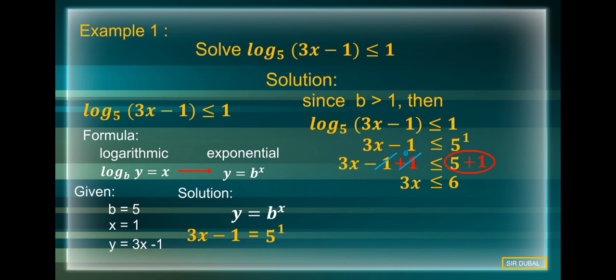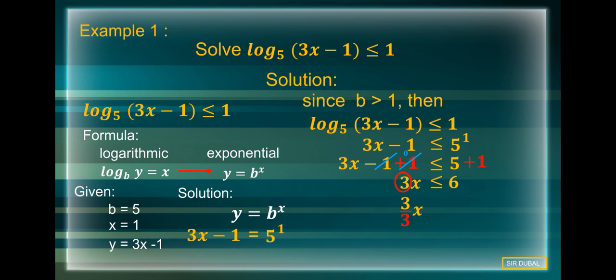As we can observe, we still have the term 3x. So what we are going to do is divide both sides by 3. That is by the division rule. So we are going to copy that 3 there and divide it by 3.